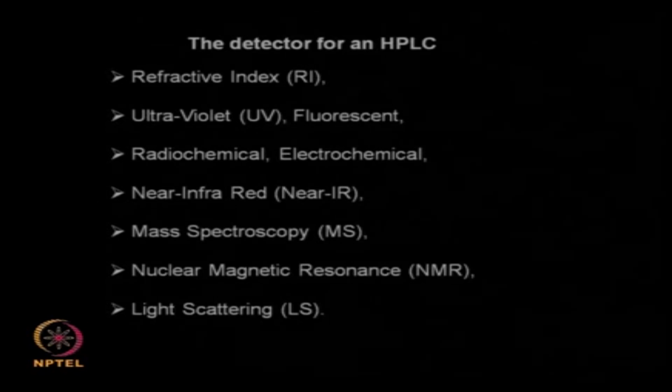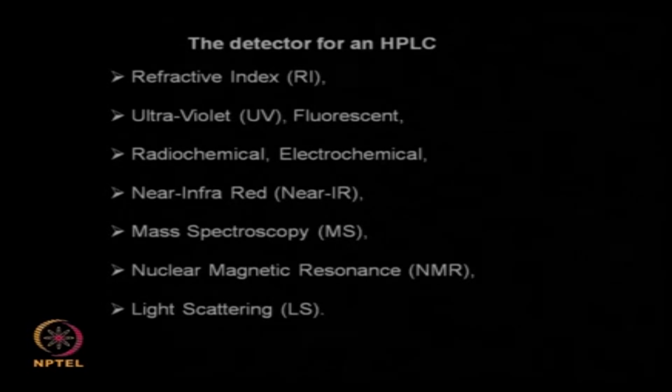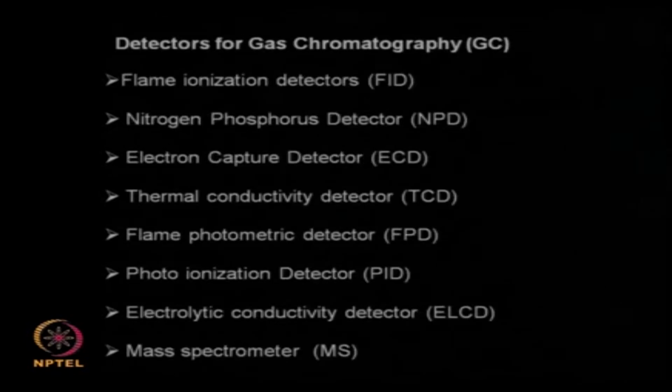So, that is a measure of the concentration of the particular component. So, a wide range of detectors can be used depending upon how the solute behaves, whether it has got a fluorescing capacity or whether it gives out a large mass value, or whether it responds in the ultraviolet range, and so on actually.